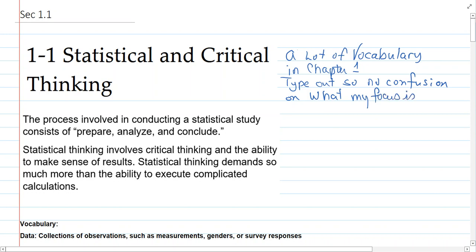So here we go. Section 1.1, the title is Statistical and Critical Thinking.